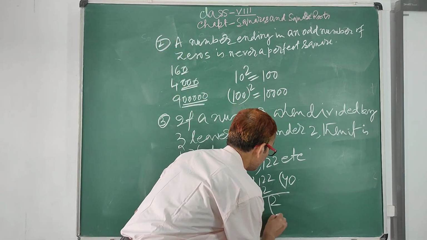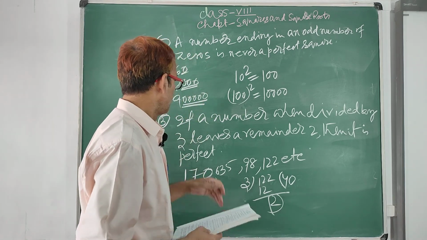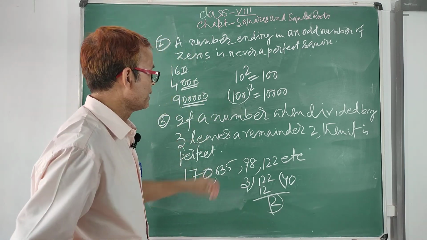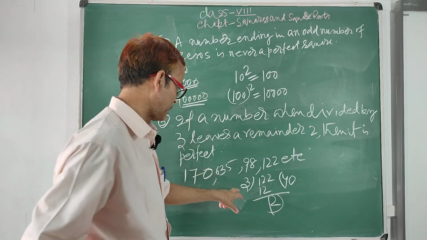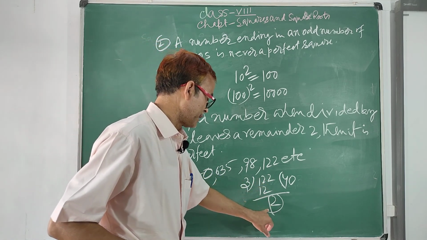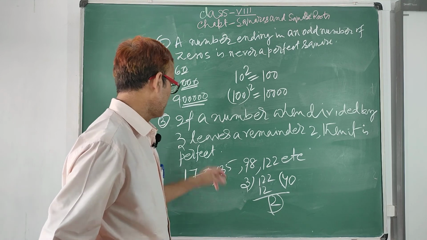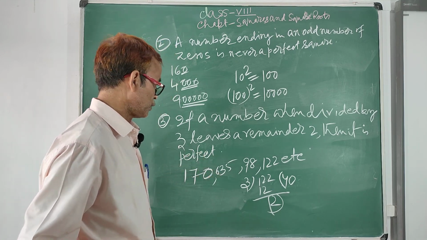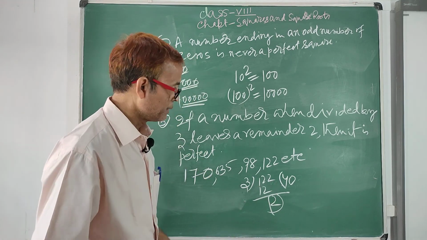Here the remainder is 2. So the third property states that if a number when divided by 3, here we have divided 122 by 3, we are getting 2 as a remainder, then this number is not a perfect square number.